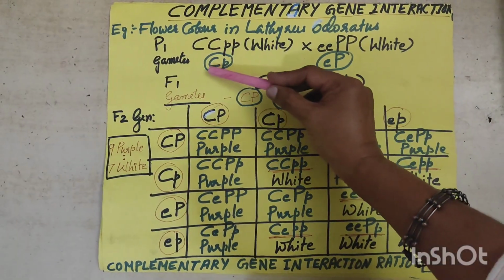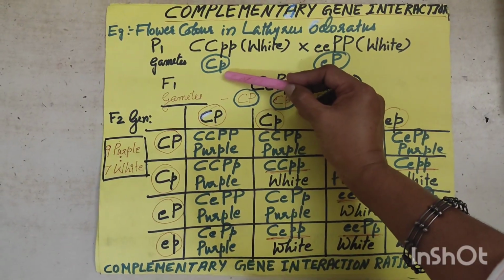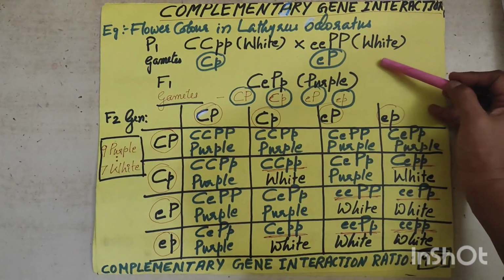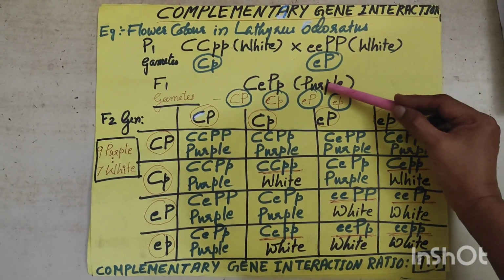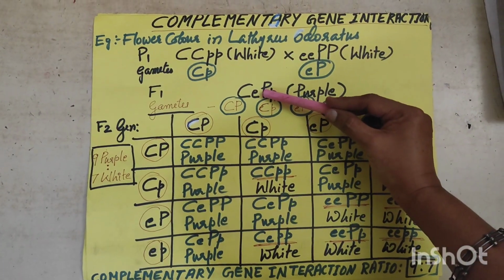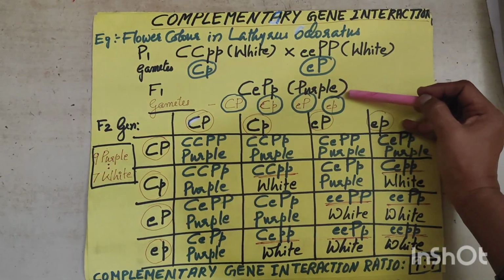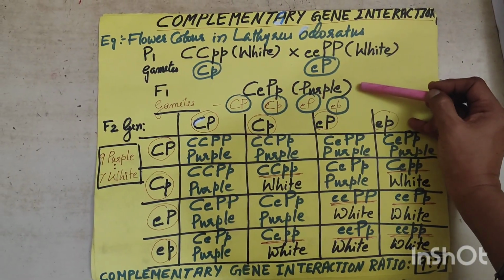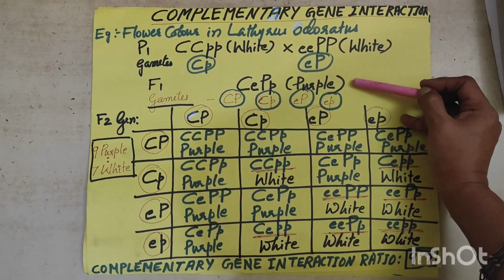Now in the first individual you can see this is the gamete that can be produced from the first parent and this is the gamete that can be produced from the second parent. And this is the F1 phenotype and genotype. Capital C, small c, capital P, small p. Purple flowered plants. So all the F1 individuals are purple flowered.